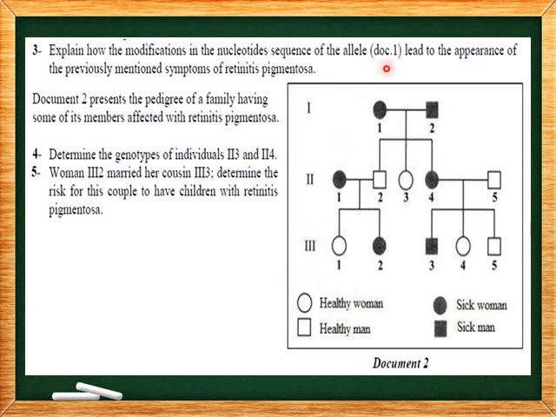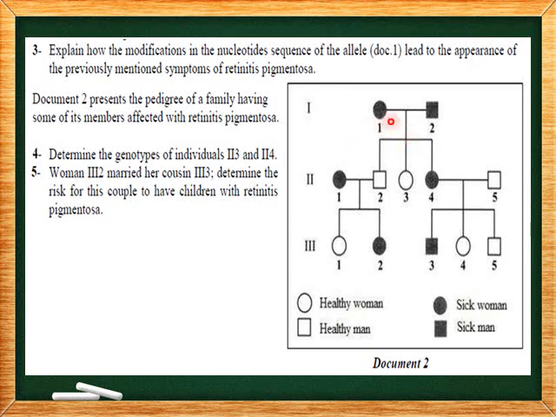Individuals 1 1 and 1 2 are affected. They have the disease. And you will see here they have children 2 2 and 2 3 that are normal. Directly, what can we say? This means that the allele of normal is masked in these two individuals, 1 1 and 1 2.